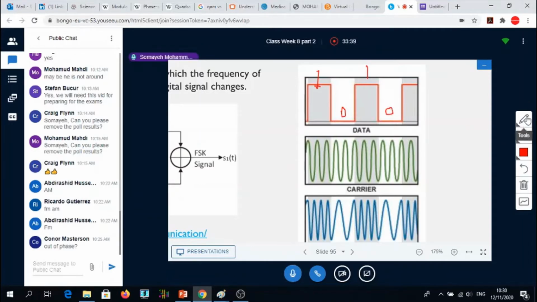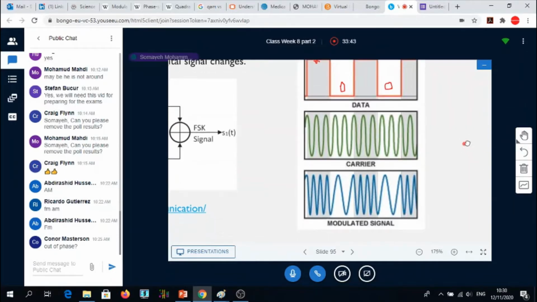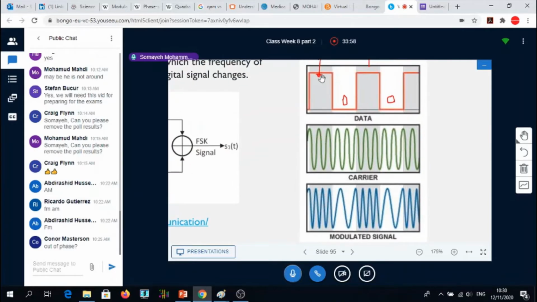Similar to the way we discussed FM modulation, here the carrier is going to change when I have a change in the data. So in this case, I'm using a slightly higher frequency for transmitting ones. As you can see in this boundary here, the frequency is slightly more than this one.